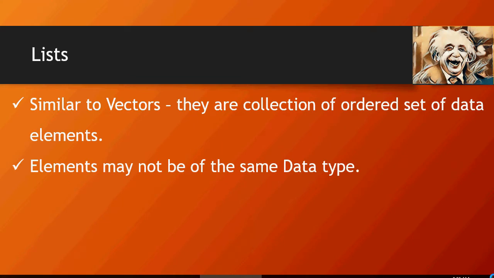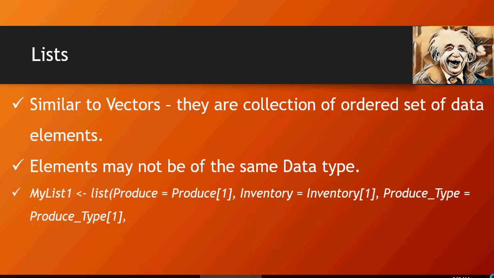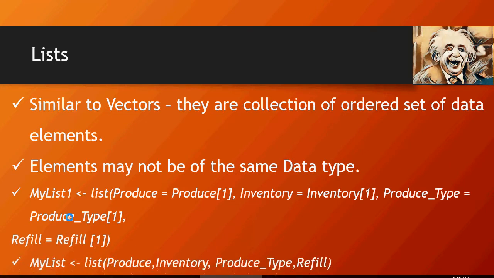The syntax for creating lists is this. Please notice the keyword list, and produce is of data type text, inventory is data type integer, produce type is data type factors, refill is data type boolean, and this is how you would create a list with all the data elements.